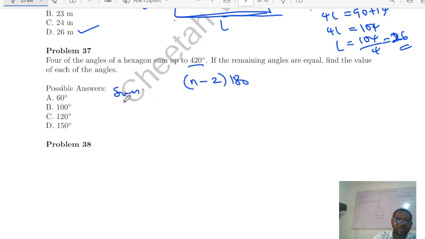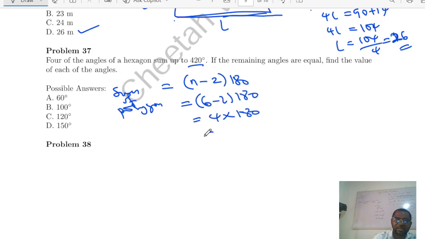So for a hexagon, 6 minus 2 times 180. That means 4 times 180. That's 720. And out of this 720, 4 of them sum to 420.